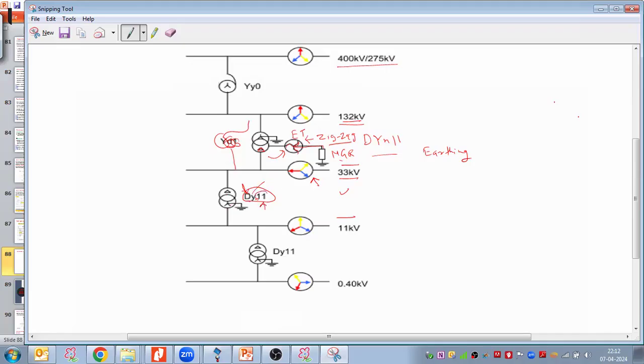If you see this 11 and this vector configuration, how much shift have we done? Earlier it was at 1 o'clock. This is my HV voltage and this is my LV voltage, right? Now this 1 o'clock has to go to 11. 11 means my LV leads HV by 30 degrees.